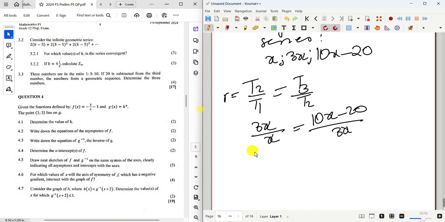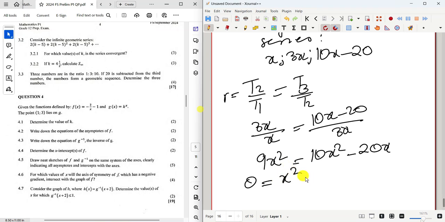Multiplying throughout by 3x, we get 3x times 3x, which is 9x squared, and here it cancels. Multiplying throughout by x, we get x times 10x is 10x squared, and x times negative 20 is negative 20x.